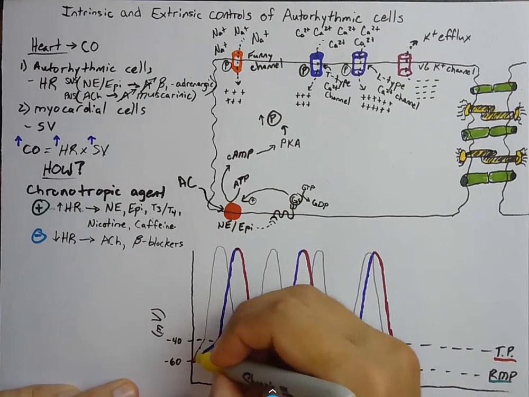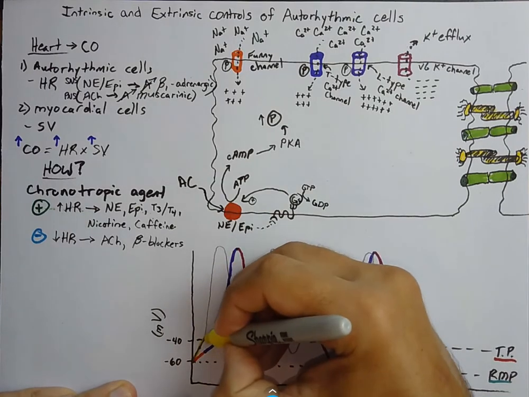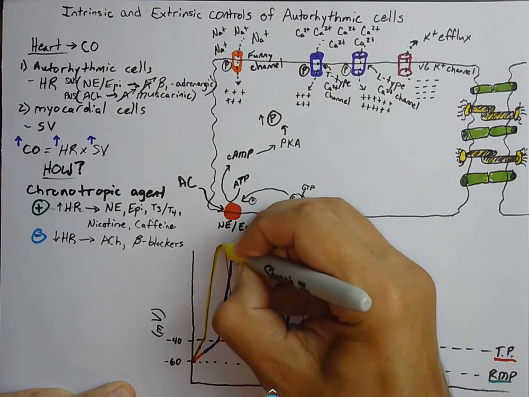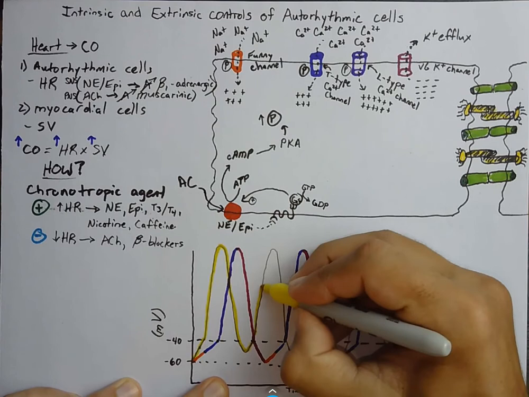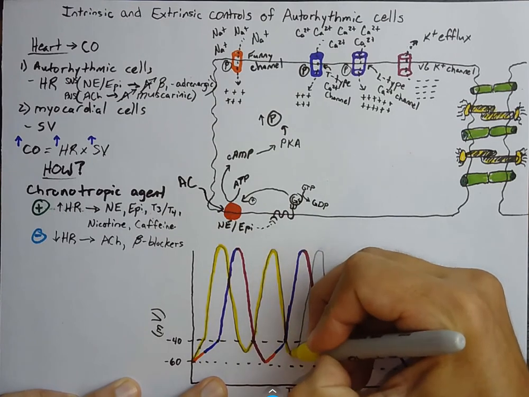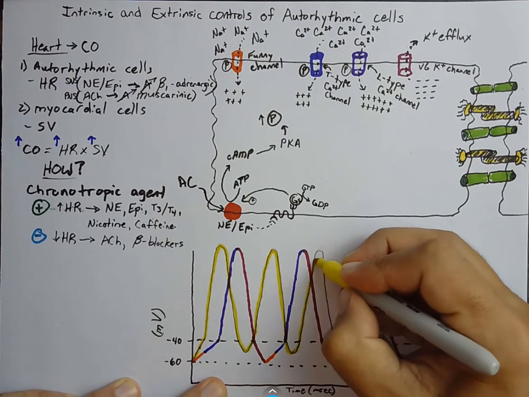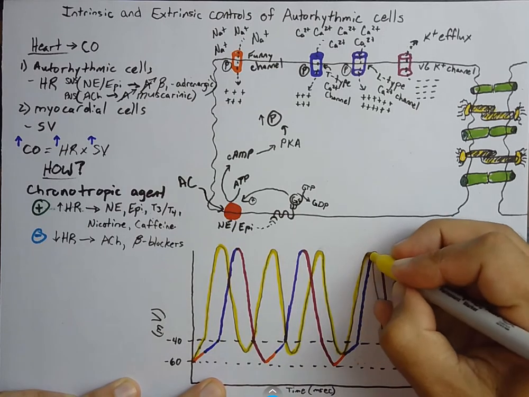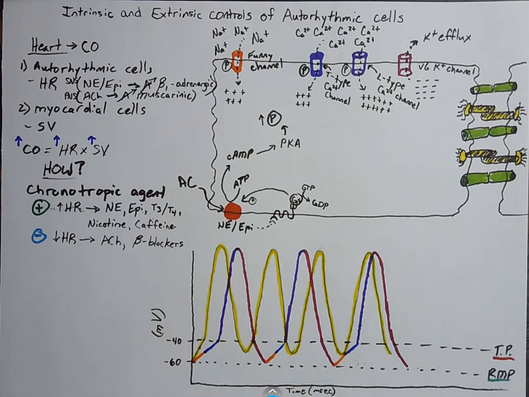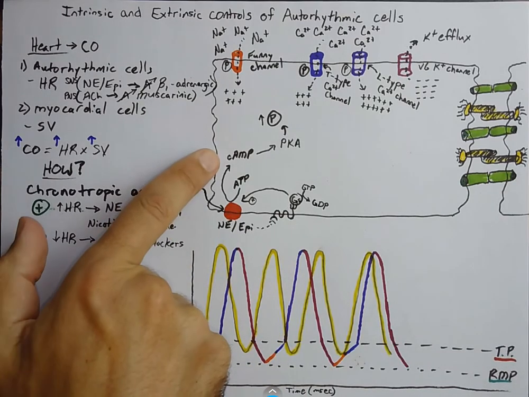So now let's go ahead and color this. I just find this efficient. Okay. Now we can see it a little bit better. And this is all due to the increase in cyclic AMP inside of that cell.